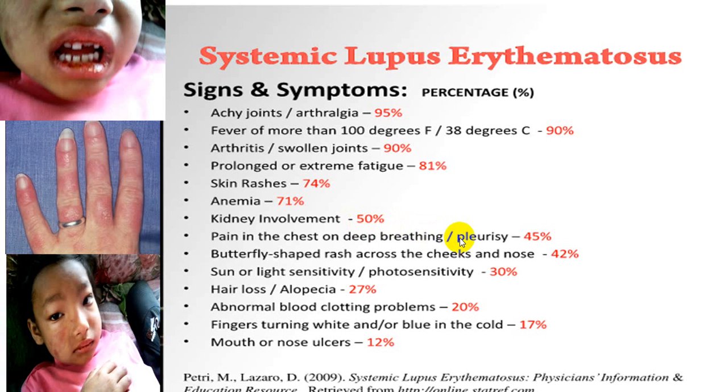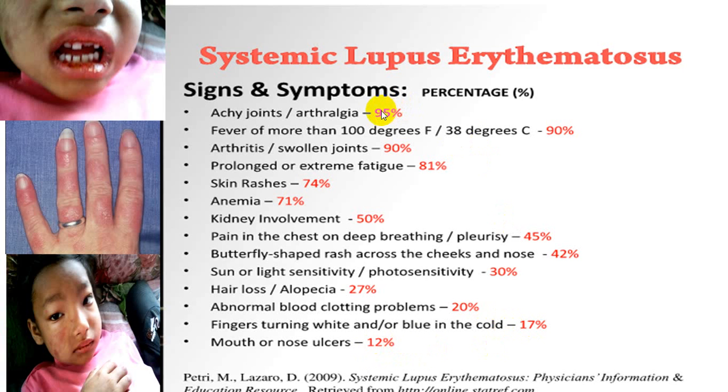Now pleural involvement, butterfly rash in 42%, photosensitivity 30, alopecia 27, blood clotting problems or hematological 20%, Raynaud's phenomena 17%, mouth ulcer in only 12% of the group.